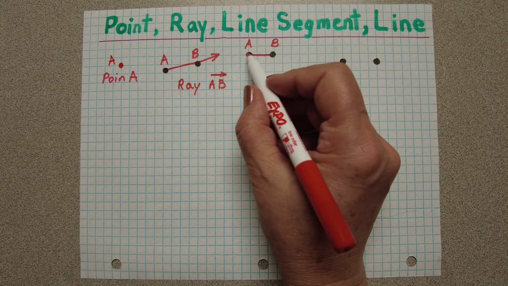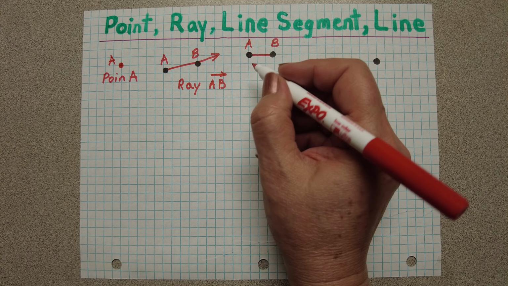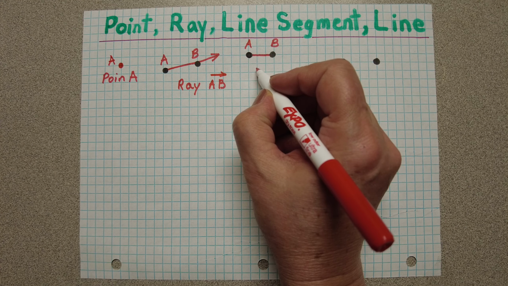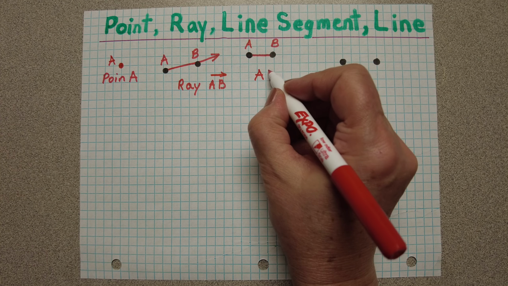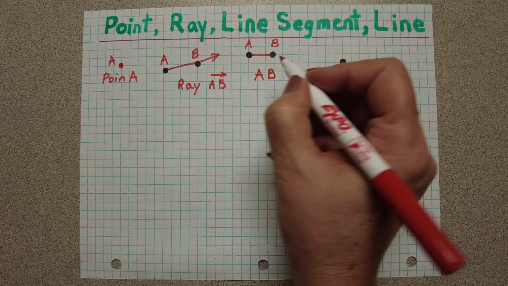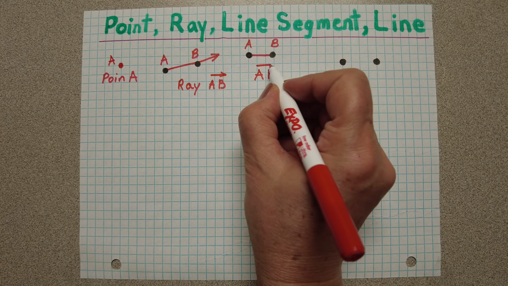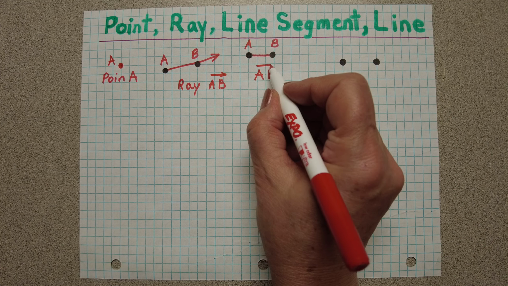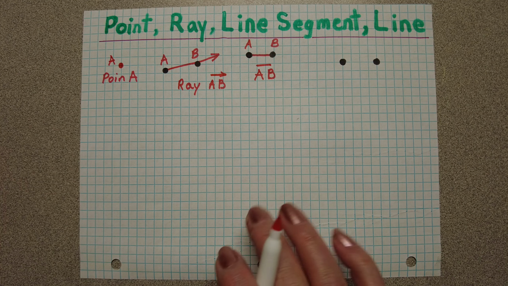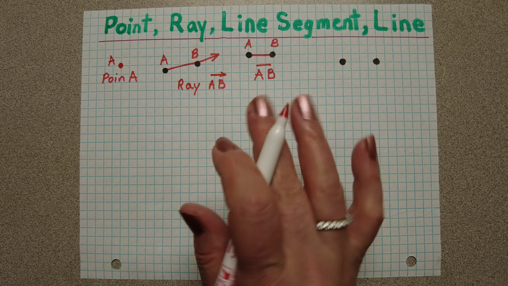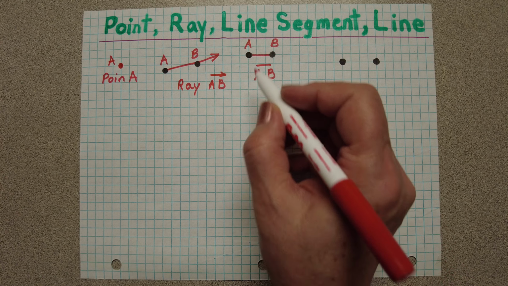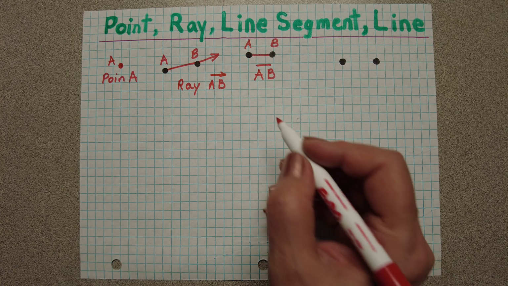We call them A and B. And the notation we write for a line segment is A, B, with just a line on top of it, this part, without any arrows or any dots.